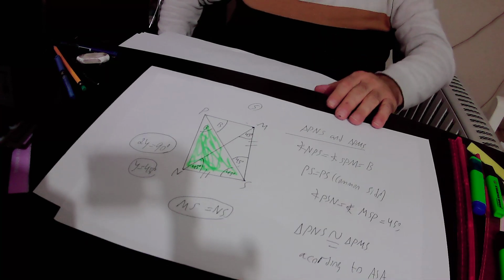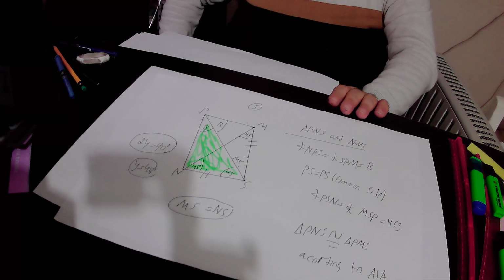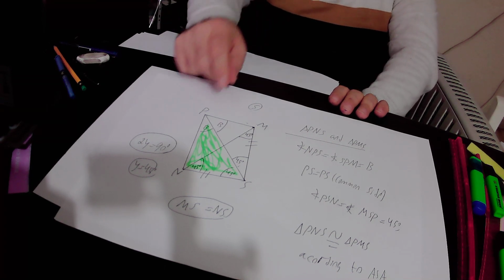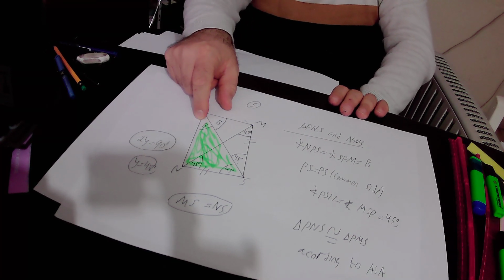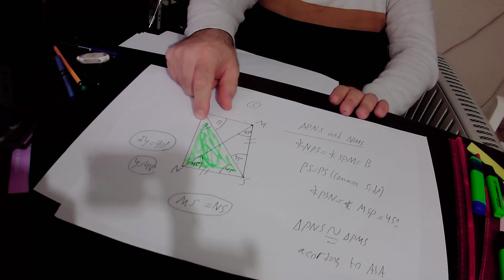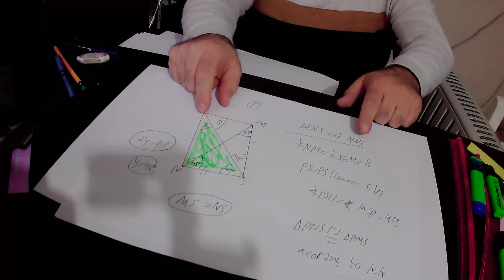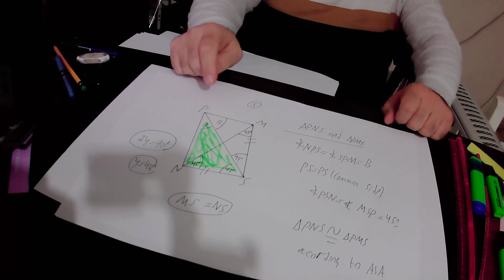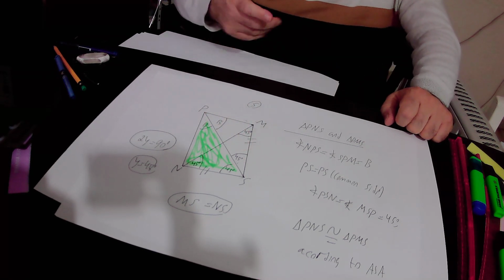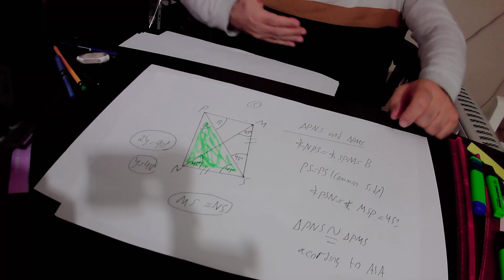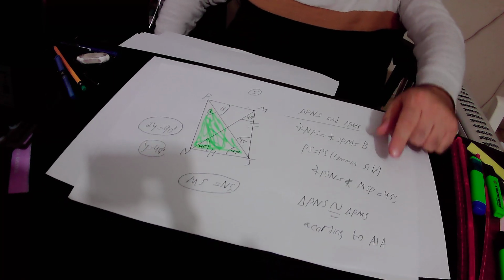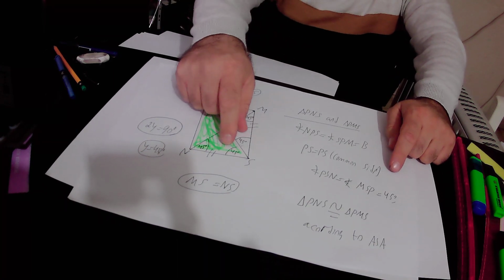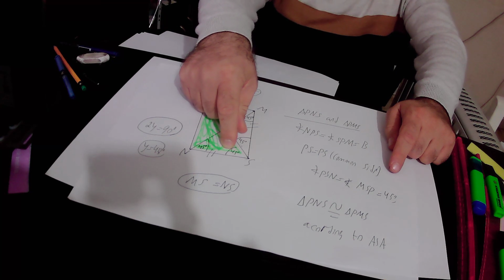Why are they congruent to each other? First of all, we have those two angles that are equal to each other. They are both equal to beta. So angle NPS equals angle SPM equals beta. And PS is a common side that belongs to both triangles. And those two angles are also equal to each other. They are both equal to 45 degrees.